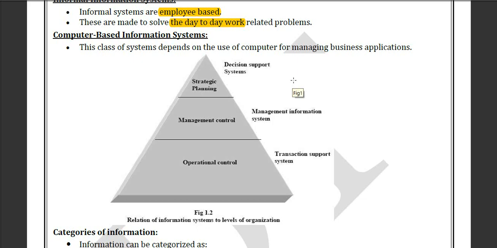And then the management information system, which is the work of the manager to analyze the reports of the previous results and company shares, to tell the owners that the company is moving forward or going back, or to manage the workers. And the operational control is for the transaction support system, that they only work, they could not do much for the company.